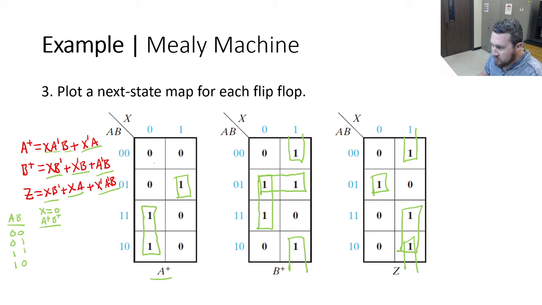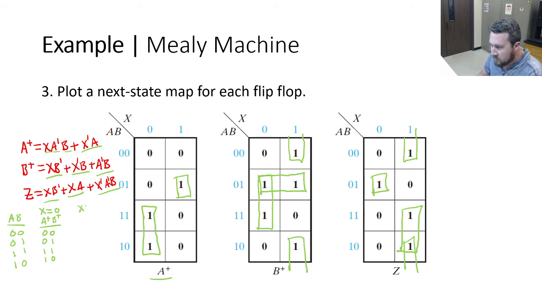So for X equals 0, that's going to be 0, 0, 1, 1 for A plus. And B plus for X equals 0 is going to be 0, 1, 1, 0.